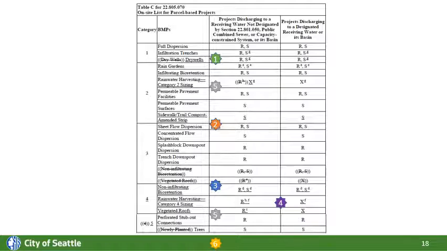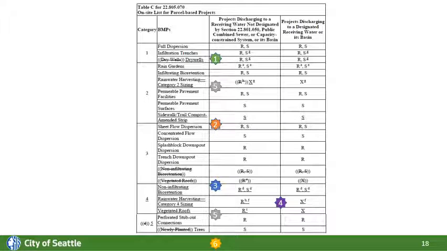So that surface could then go down to category 2, and you could propose, say, permeable pavement surface for the driveway instead of first having to demonstrate why a trench or a dry well is not feasible. And then as mentioned before, there's a new category 2 BMP, the sidewalk trail compost amendment strip, which is a new BMP that can be evaluated.